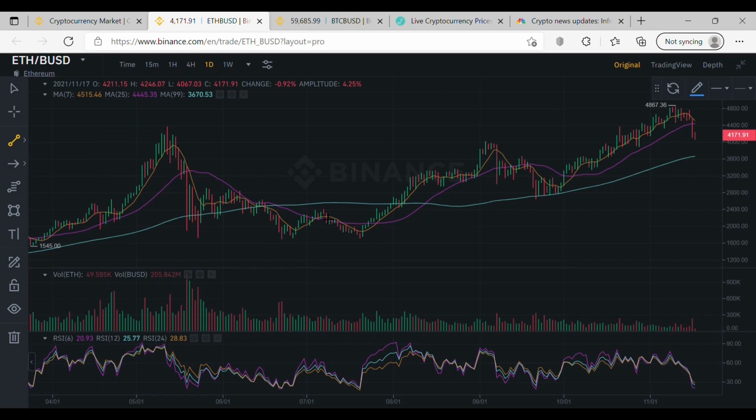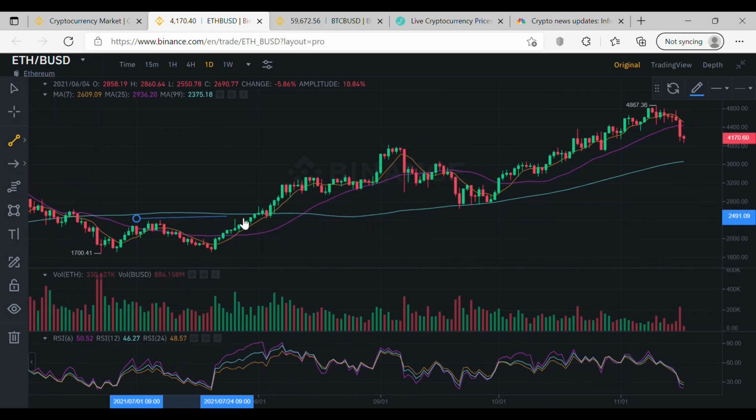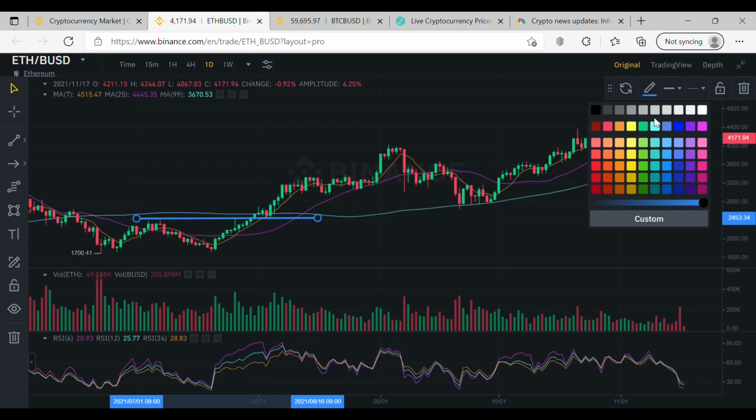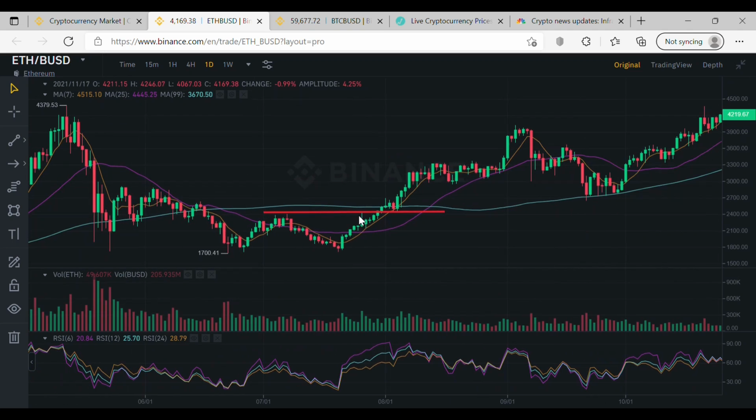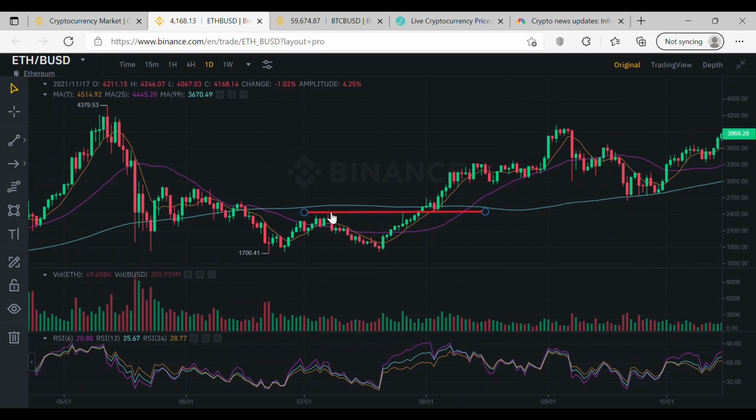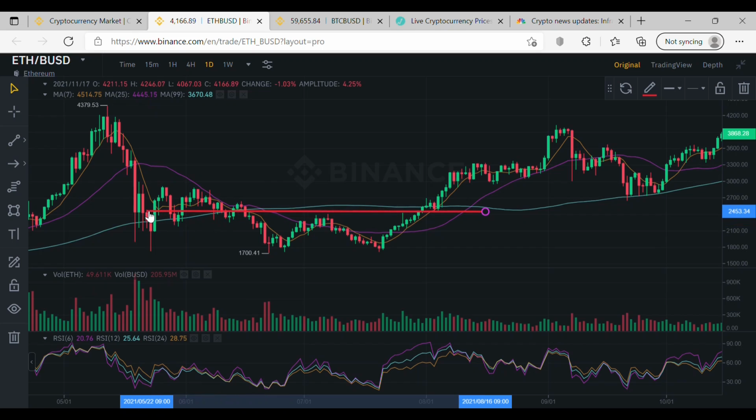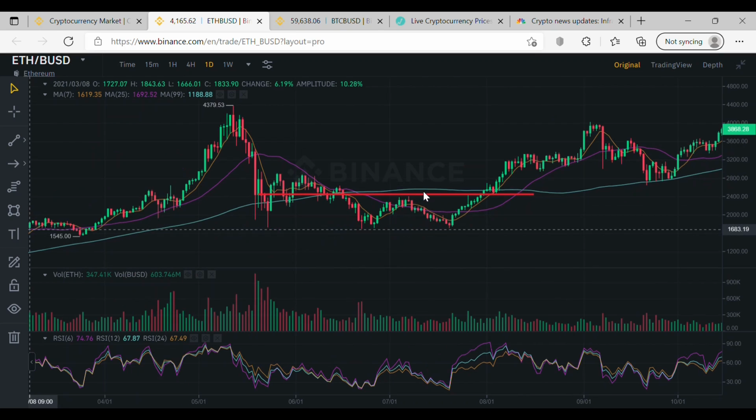So here maybe we can draw a resistance line. Let's make it bigger, and let's use red. Here you are. So this is definitely the previous support, previous resistance line for this formation here.